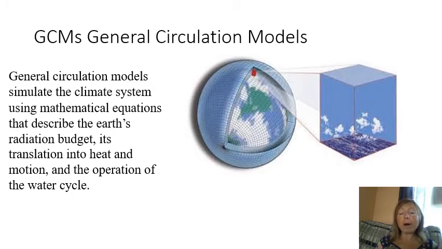If you think about how the climate system is represented in the general circulation model, you can think of it as cubes equivalent to pixels on your computer. So this is a 3D rather than 2D representation. Pixels would be 2D blocks, but those are actually voxels, the 3D blocks.